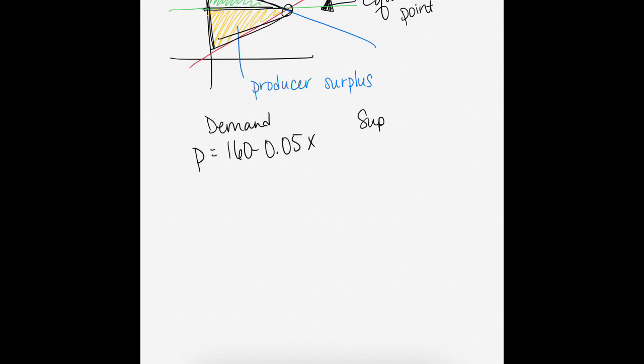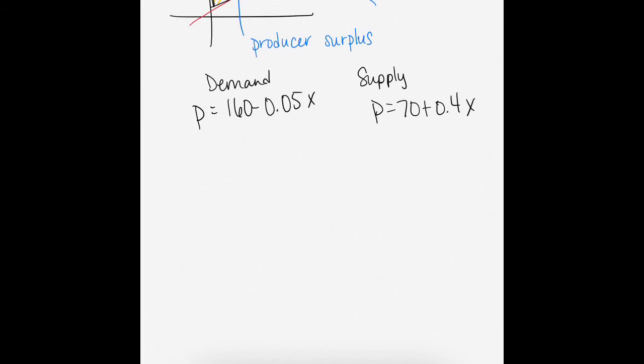This is my example for 14. And my supply function is P is equal to 70 plus 0.4x. So first we have to graph these two. I won't graph them again. I'm going to try to figure out how to do some sort of tutorial on WebAssign graphing later. But I do want to know roughly what these two look like and their intersections and stuff like that.